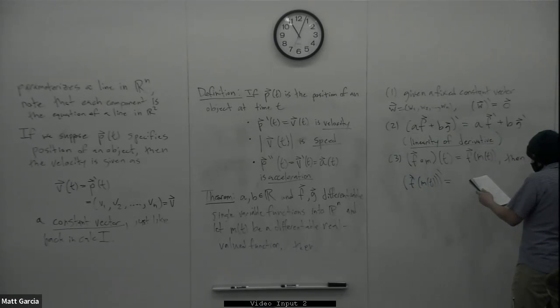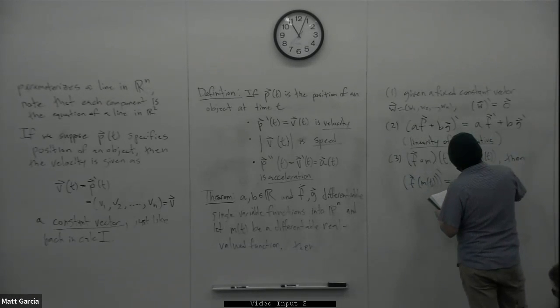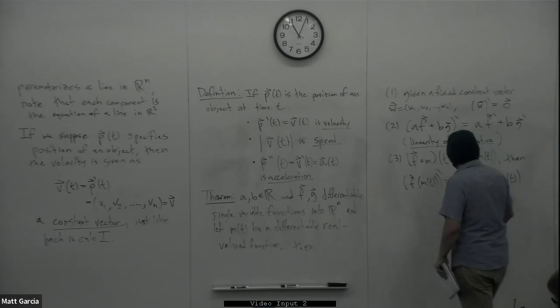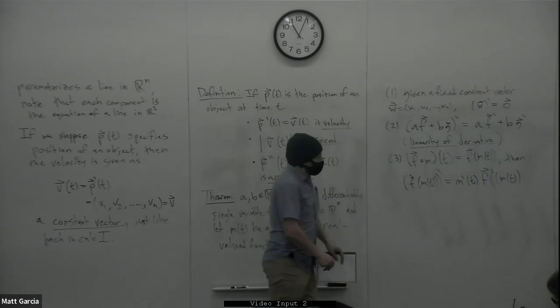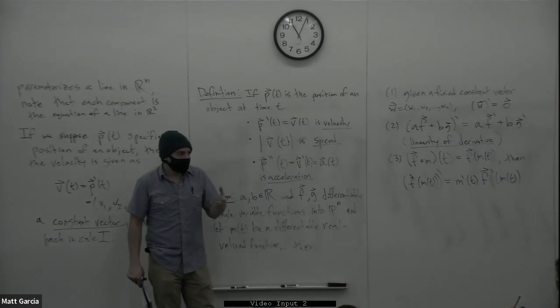This is equal to m prime of t times f hat prime of m of t.